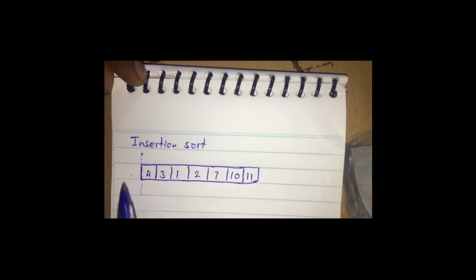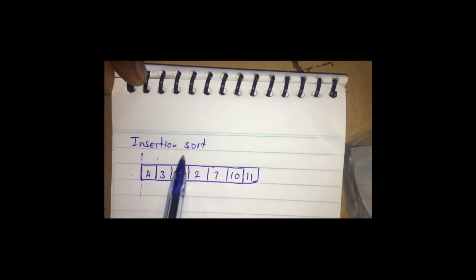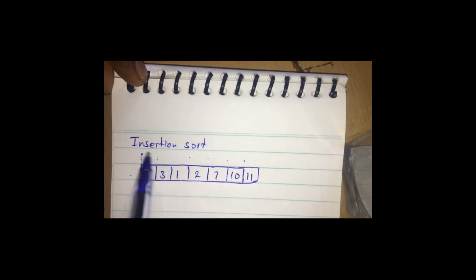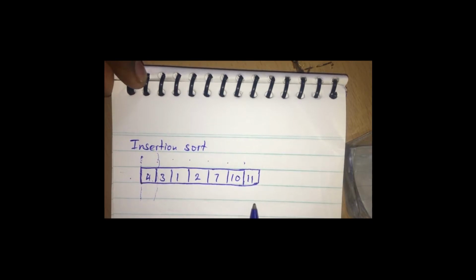What we are going to do is keep moving this line element by element as we compare. We shall move this here, then we shall look at the first element of the unsorted list. So this side is already sorted, this side is very much unsorted.